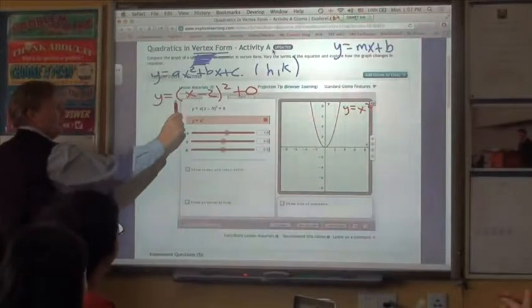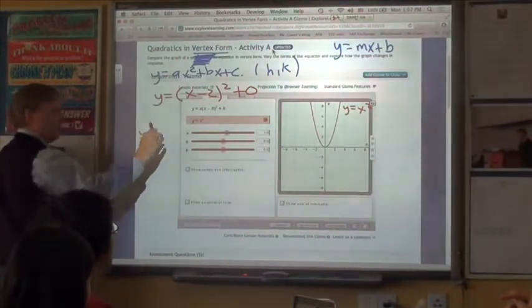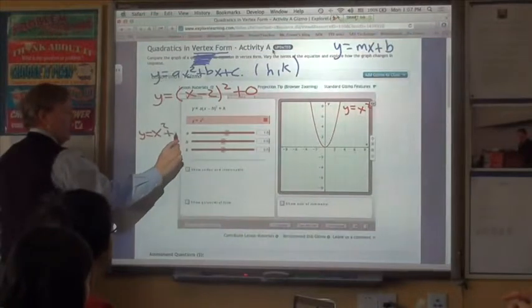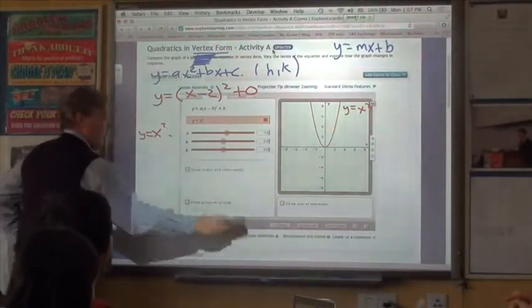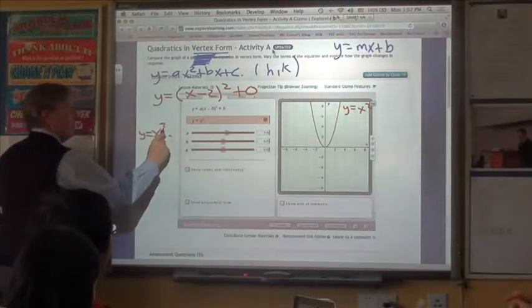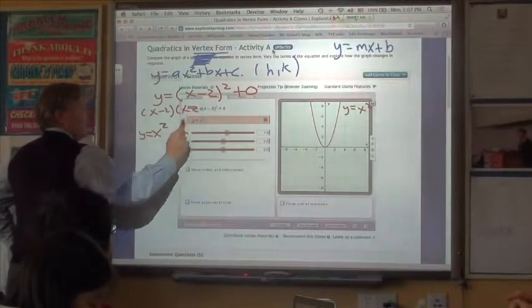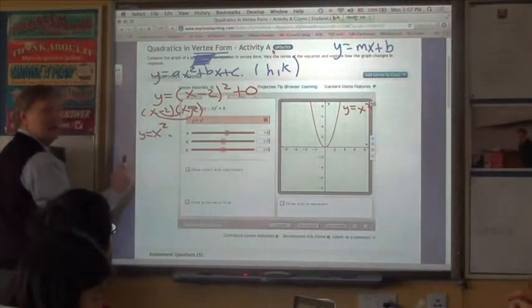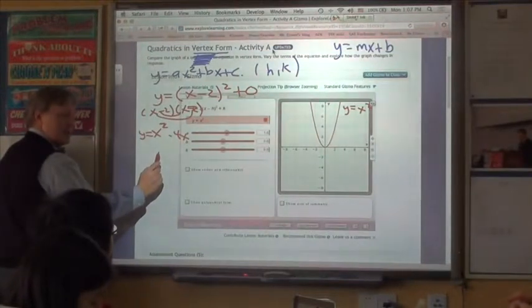Good point. If you were to perfect square this, what do you get when you actually multiply it out? You get x squared, you're going to get a plus 4, but what's the middle term? Minus 2 is going to give you what? Minus 4x, and the last term is going to be?